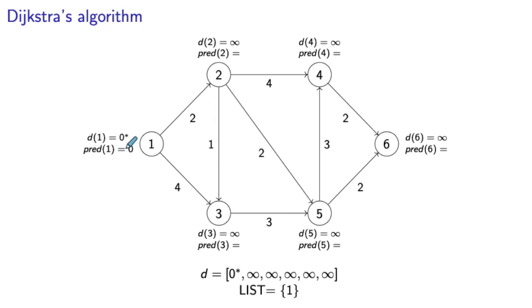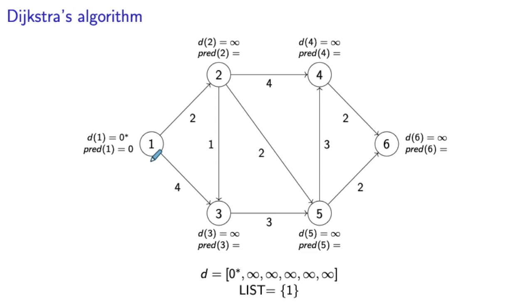The first label is the distance label, and the second one is the predecessor label. The distance label indicates the length of the path that you currently have from node 1 to your node. And naturally, the distance label for node 1, which is the source node, is 0 because you don't have to travel any distance from node 1 to node 1.